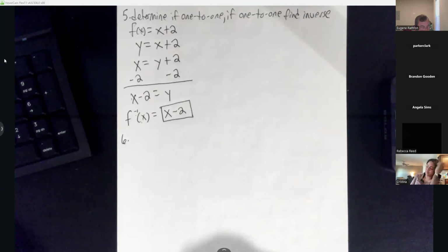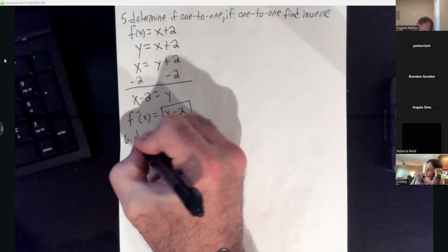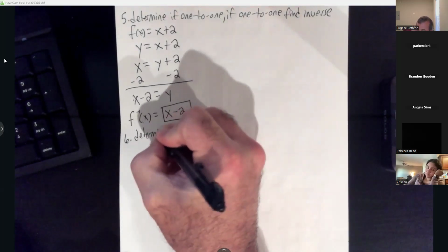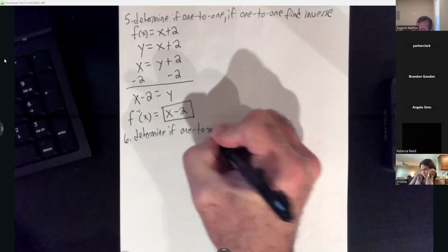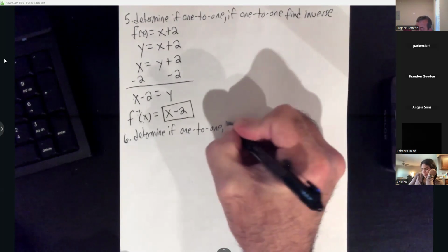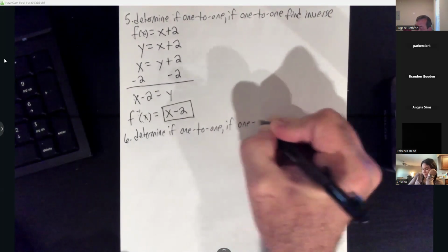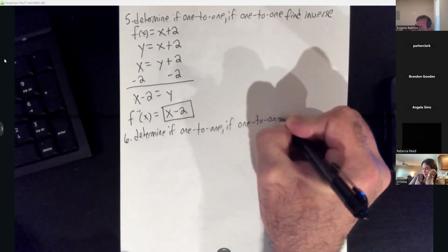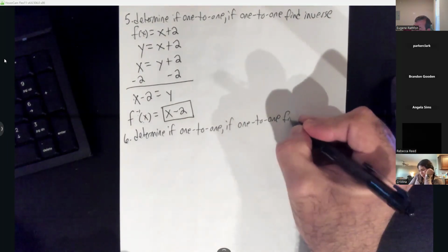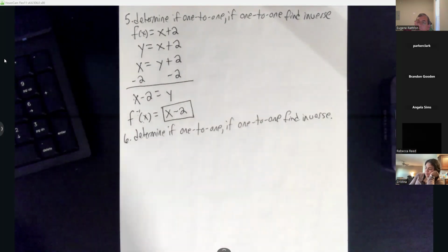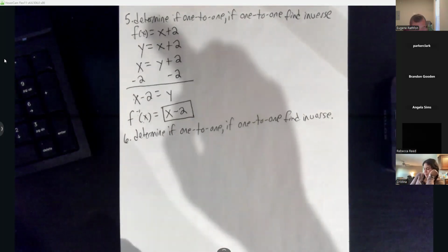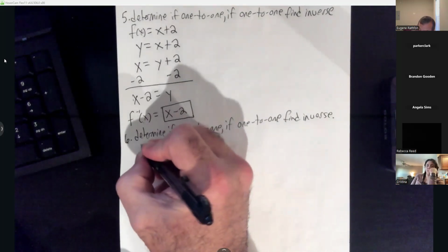6 is the same thing. Determine if 1-to-1, and if 1-to-1, find the inverse. Well, once again, number 6 is definitely going to be 1-to-1.